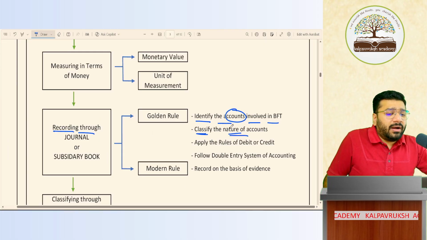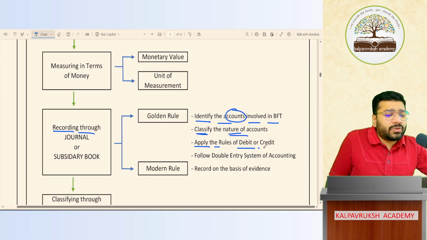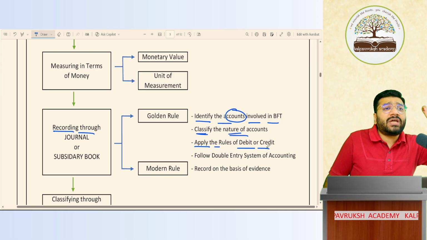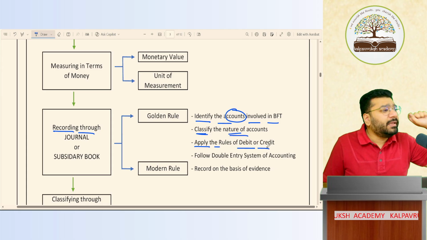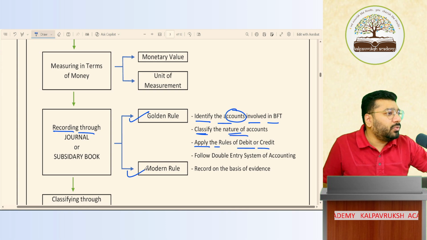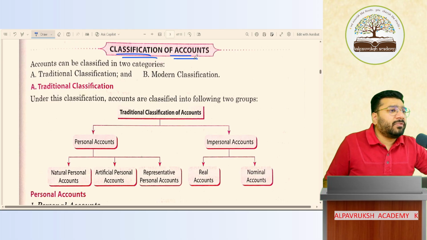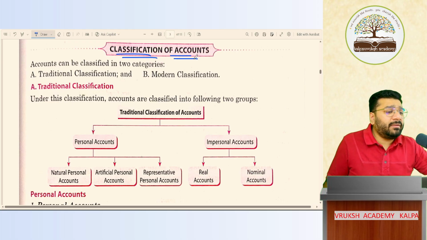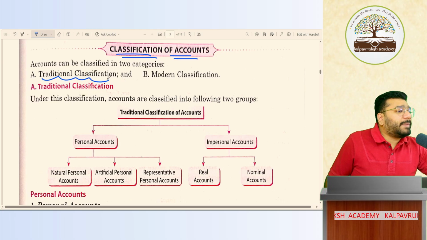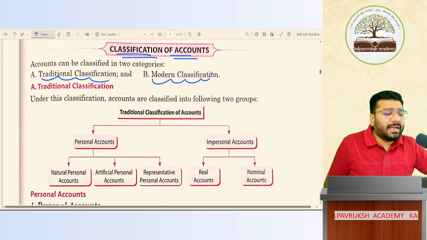Once you identify which classification an account belongs to, you're supposed to apply the rules of debit credit. Now you have to decide which account should be debited and which account should be credited. For that, 2 rules have been laid down: one is the golden rule, another is the modern rule. For deciding what to debit and credit, we have 2 types of classification: traditional classification and modern classification.